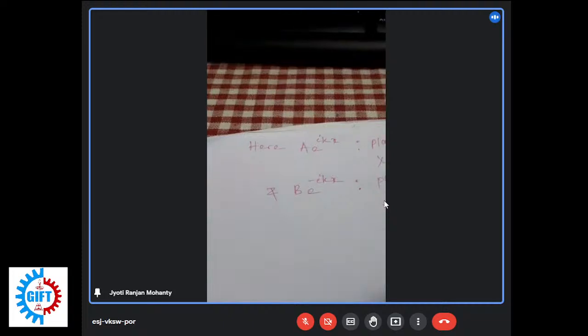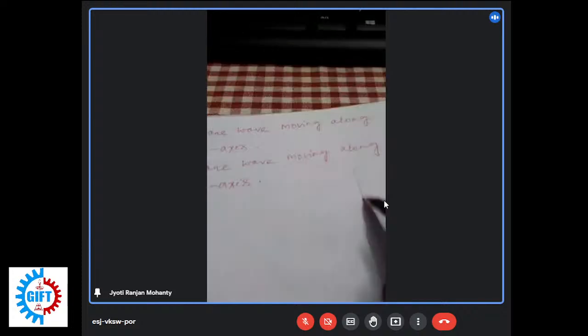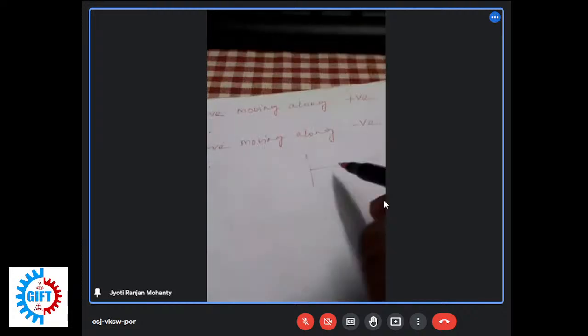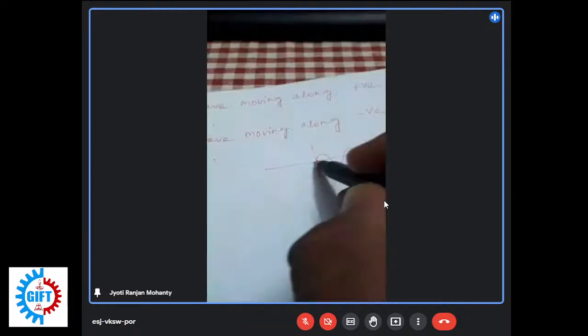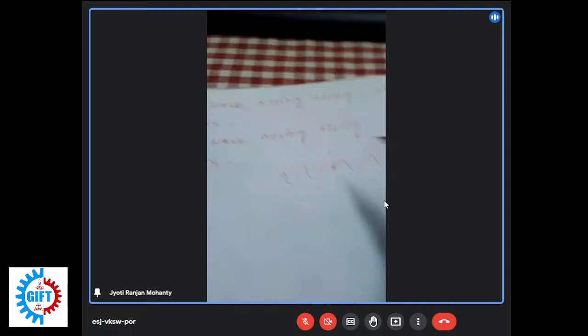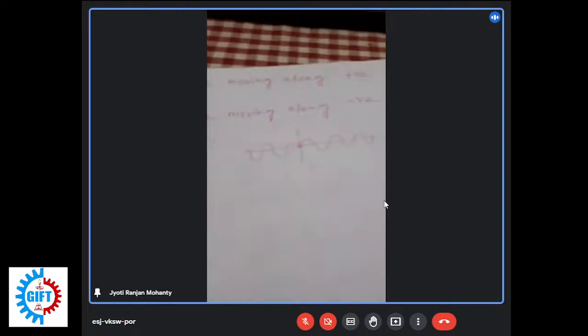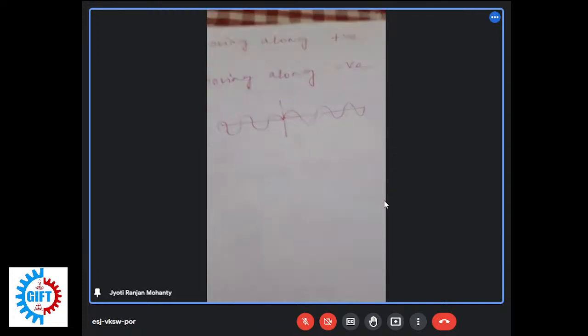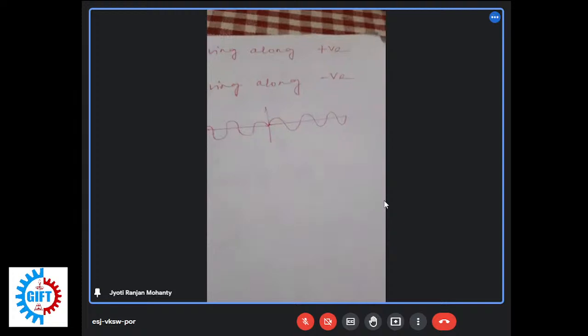That means this is the positive x-axis, the wave is moving along the positive x-axis, and this is another wave moving along the negative x-axis. So this is the pictorial representation of the free particle. Okay, understood?